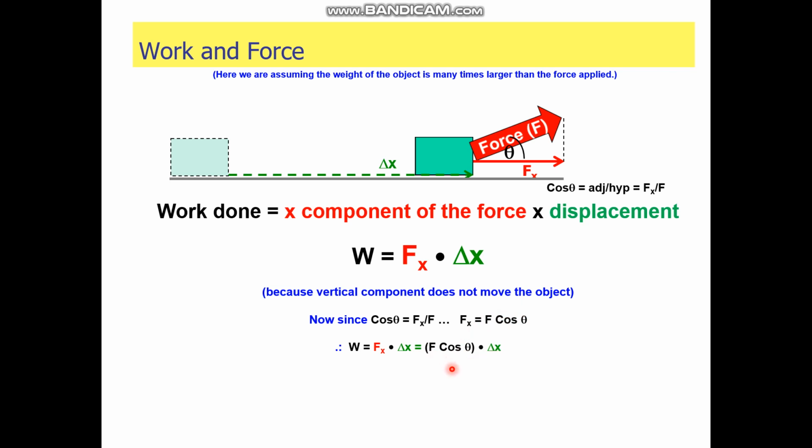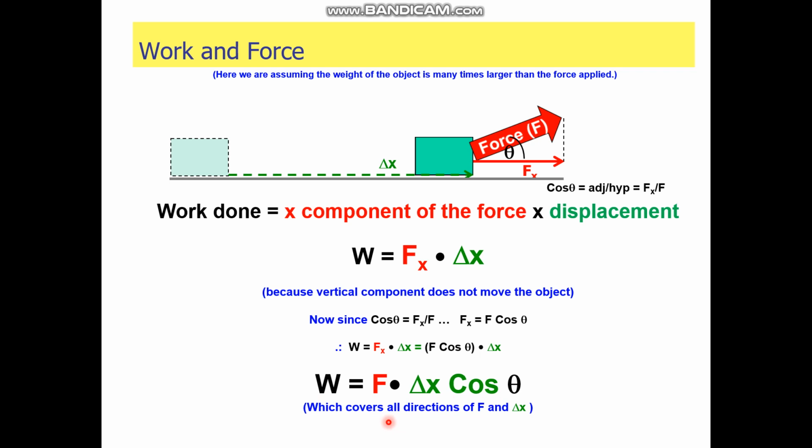If you rearrange that a little, you end up with W equals F times delta x cos theta. That's the formula the syllabus will give you. The nice thing about this formula is it covers all the directions of F and delta x. If you change the angle between the force and the displacement, you can still use this formula to work out the amount of work that's done.